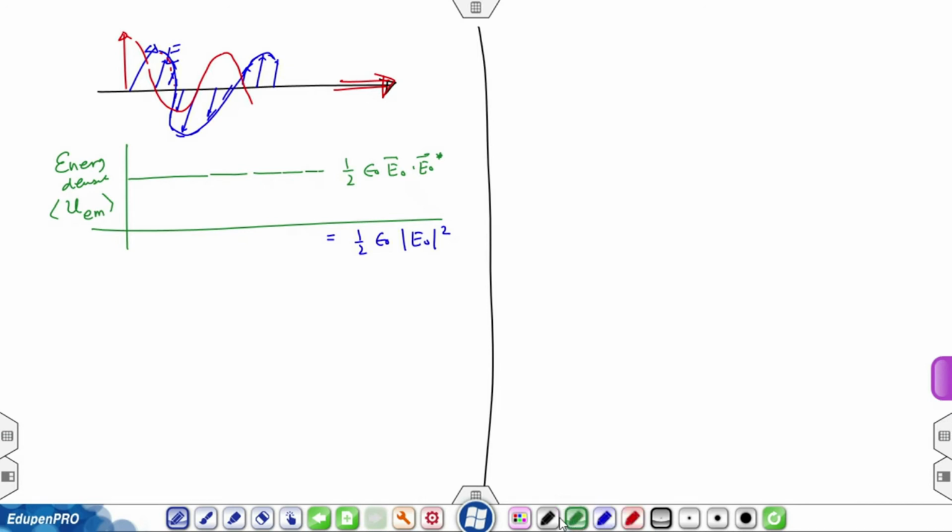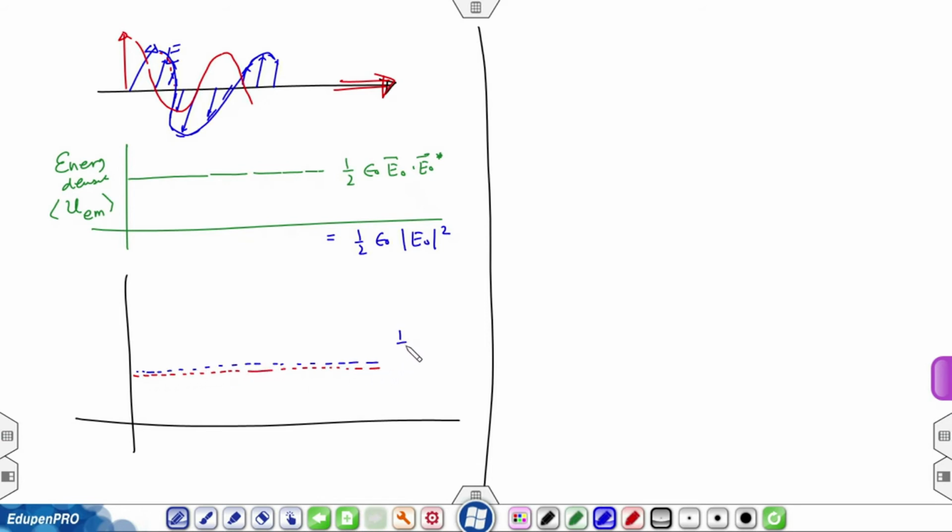So, if I were to plot this again, I will have the magnetic part and the electric part, both time averaged are 1/4 epsilon_0 mod E_0 square, and the total is then 1/2 epsilon_0 mod E_0 square. This is U_EM. So, this is the energy.